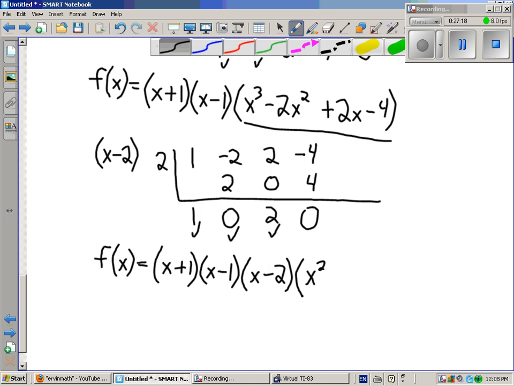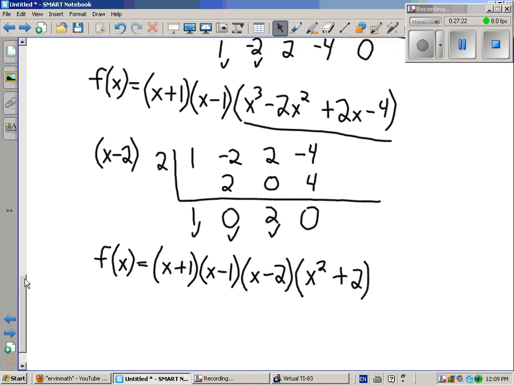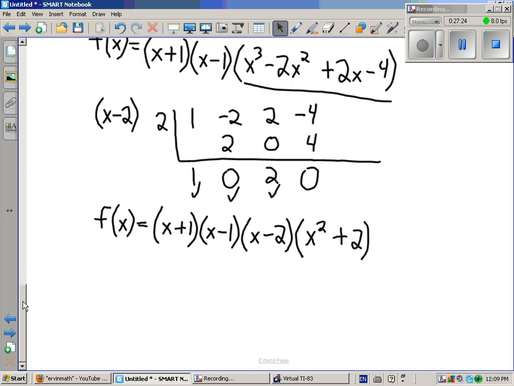X squared plus 2. X squared plus 2 is irreducible. That would give us an imaginary 0, which we're going to deal with in the future.